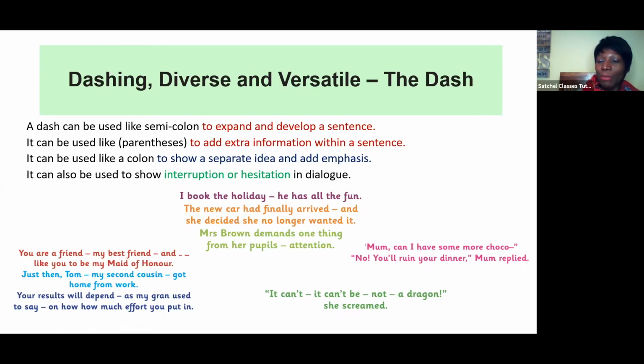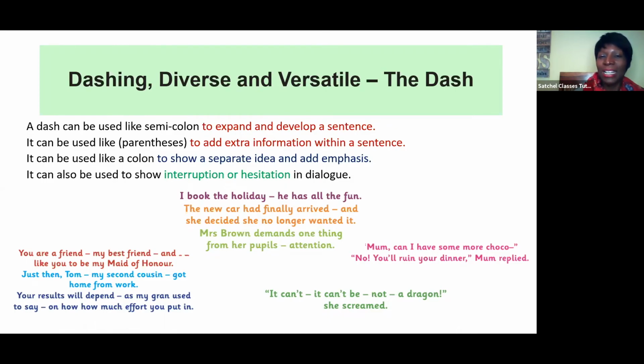Mum, can I have some more, no, you'll ruin your dinner. So you didn't get to finish that word, chocolate. And then I can't, not a dragon, she screamed. So it shows that hesitation in dialogue. So the dash is incredibly diverse. It's really versatile. So you can use it like a semicolon or brackets or like a colon, or even to show hesitation and interruption.